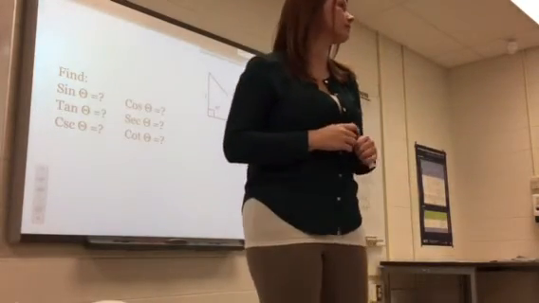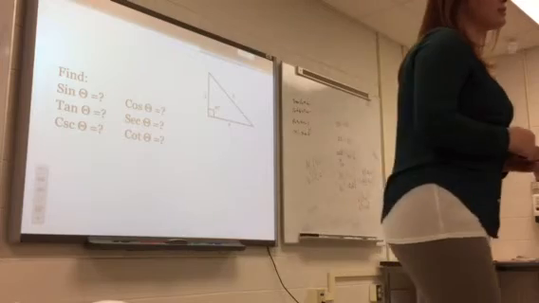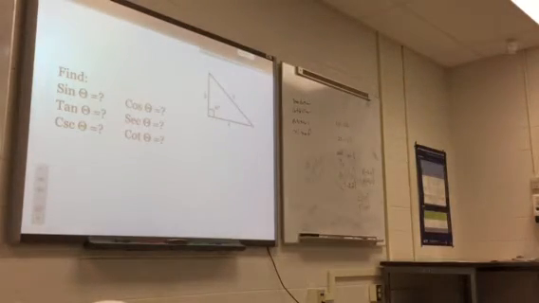That's radical. This is radical too, sorry. This is an example of a 45, 45, 90 triangle. You'll be going over two basic types, which are 30, 60, 90, and 45, 45, 90.